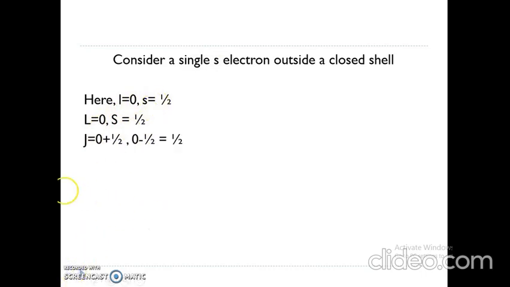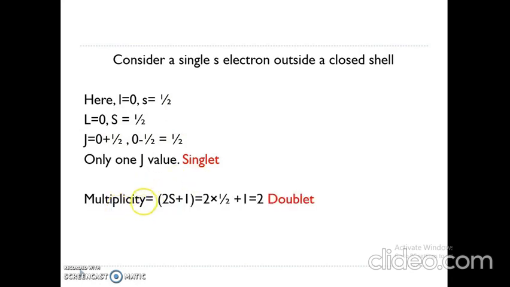What are the possible J values? J is equal to 0 plus half down to 0 minus half. 0 plus half is half, 0 minus half is minus half. We will not consider negative values of J. So J can have only one value here, that is half. Now let's see whether the multiplicity formula will also give the same value. Multiplicity is 2S plus 1, that is 2 into half plus 1, that is 2. So you will get a doublet here.